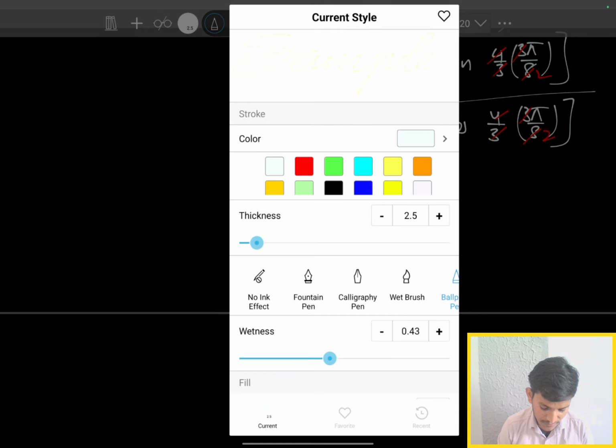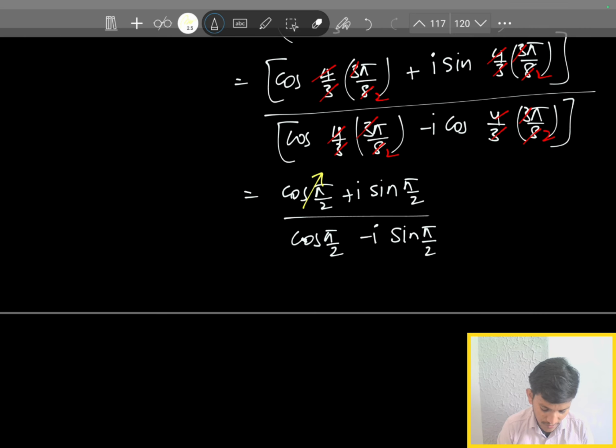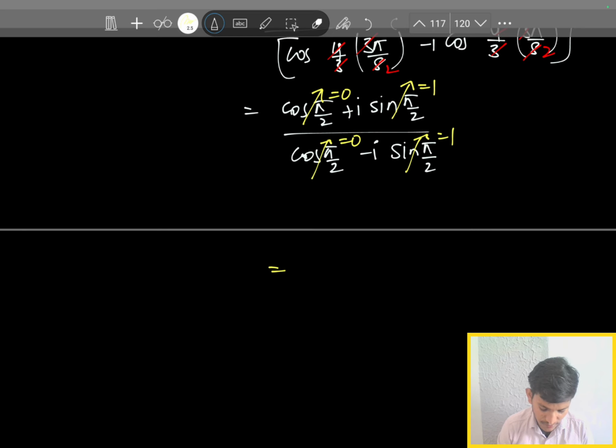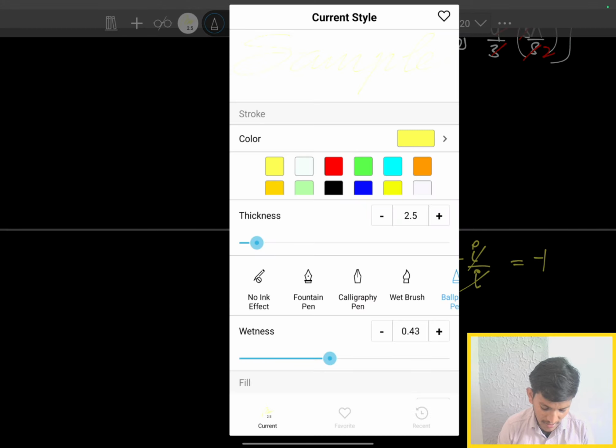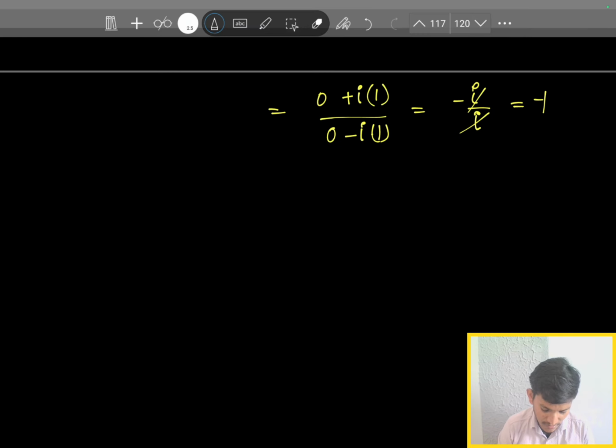You know the value of cos 5 pi by 2 is equal to 0 and sine 5 pi by 2 is 1. Therefore we can write 0 plus i into 1 whole divided by 0 minus i into 1. So this is nothing but i by minus i. The i and i get cancelled, and we are left with minus 1.